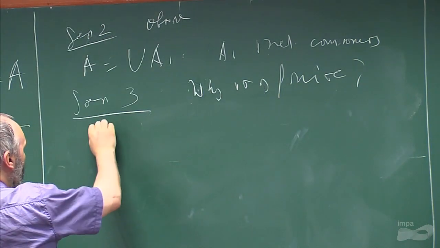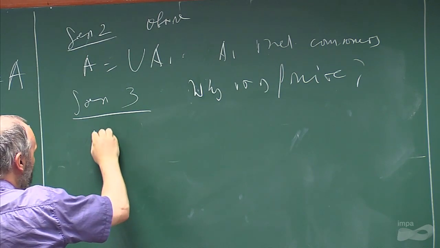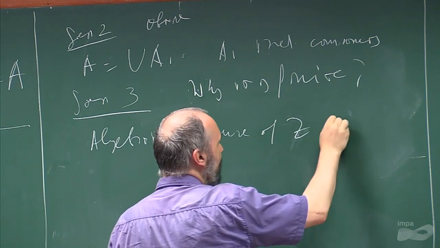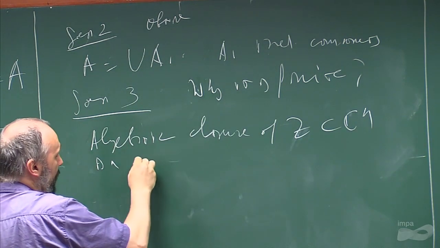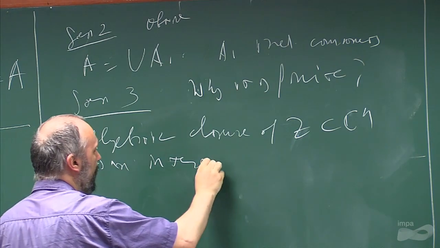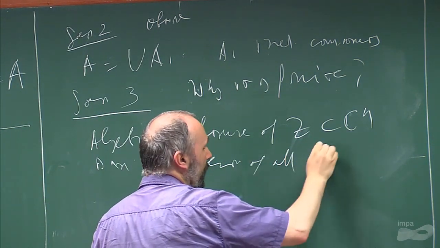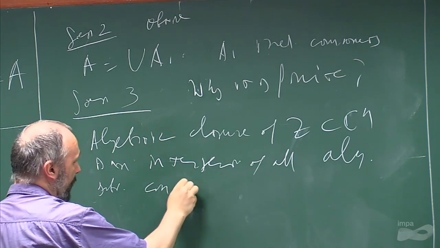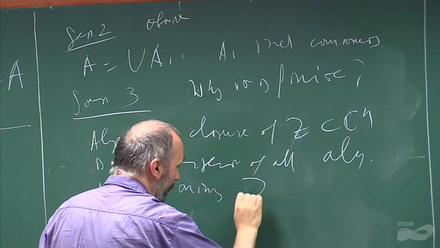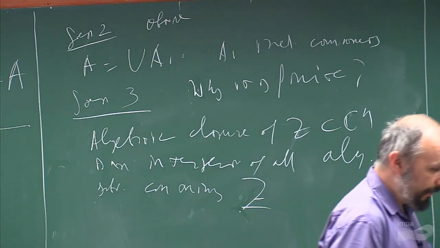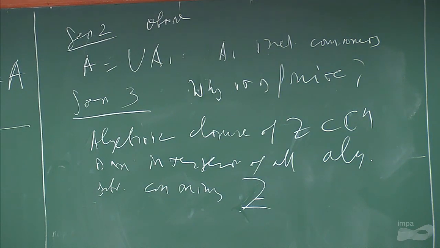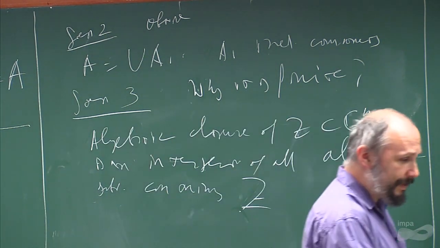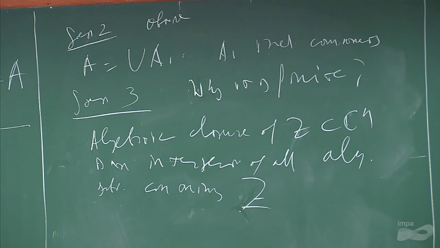For that, I would use the terminology. Let's call the algebraic closure of Z inside C^n the intersection of all algebraic subvarieties containing Z. I want to mention that it is definitely an algebraic subvariety, because what is an intersection of subvarieties?